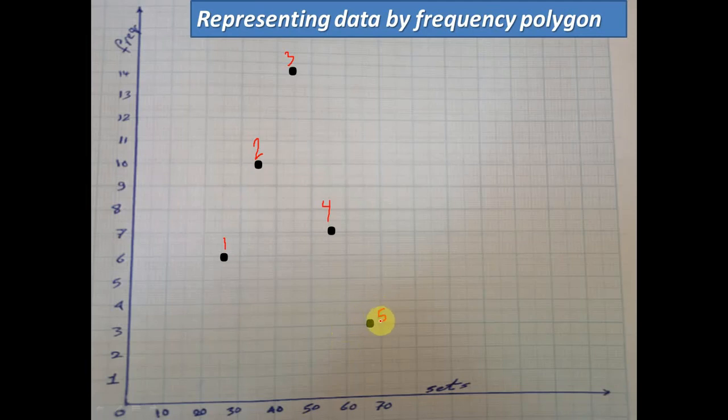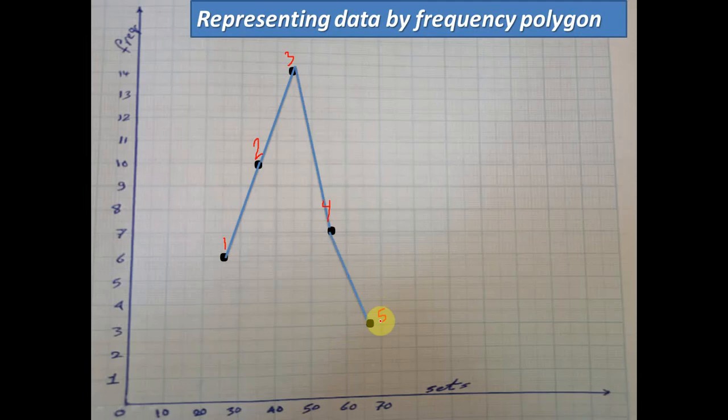Then join the points: join 1 by 2, join 2 by 3, join 3 by 4, last one join 4 by 5.